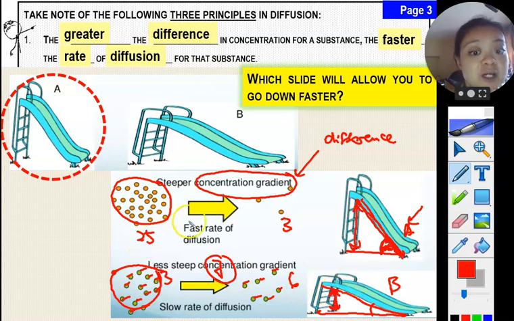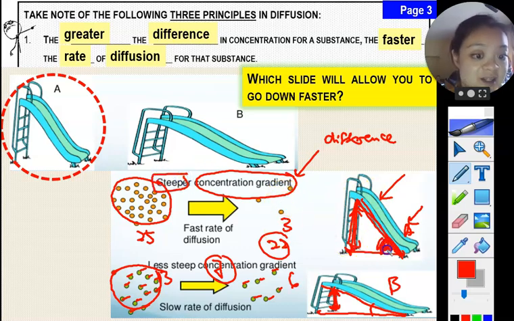But look at the difference here. 25 minus 3 is 22. So imagine there are only 7 steps here, but there are 22 steps. Which one seems to be taller? This particular slide, right? So therefore, we say that the concentration gradient here is very steep because the angle here is very steep. This angle seems to be lesser, so it's less steep.